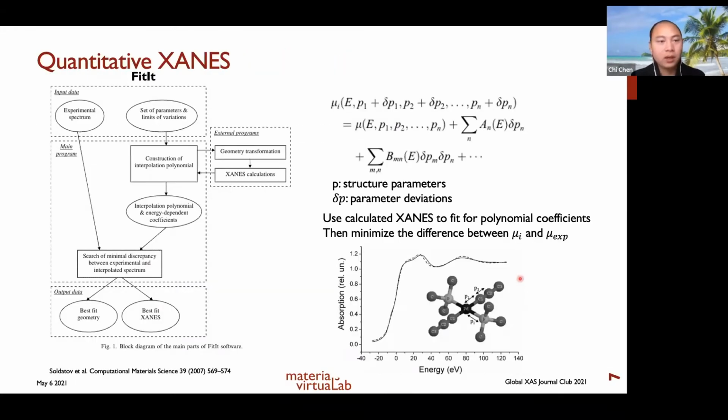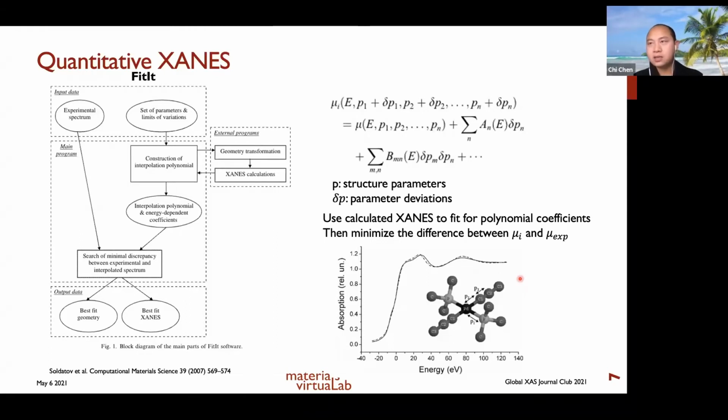And there has been some approach to realize quantitative XANES analysis by leveraging computational methods. Basically, the assumption is that whenever you have a structure, I can calculate precisely the XANES spectrum from the structure. So once you have established this connection between the structure and your XANES, you can easily manipulate your structure and try to match the output XANES such that your output XANES will have identical or very close values to the experimentally measured values.